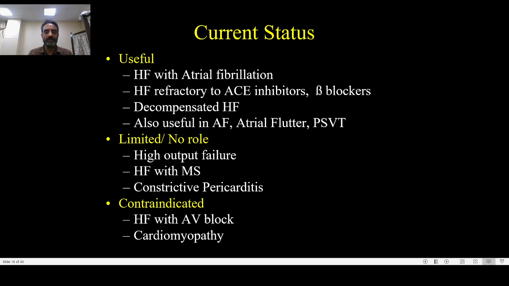Also, it is useful in heart failure which is refractory to the first line drugs, which are now more used as compared to digoxin, like ACE inhibitors and beta blockers. It is useful in decompensated heart failure, and it is useful when there is atrial flutter, or paroxysmal supraventricular tachycardia along with heart failure.